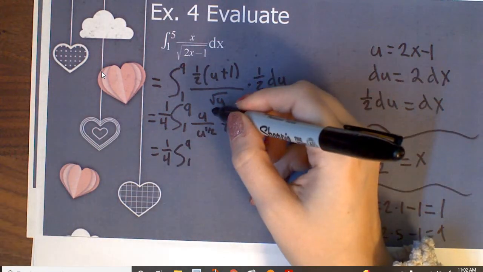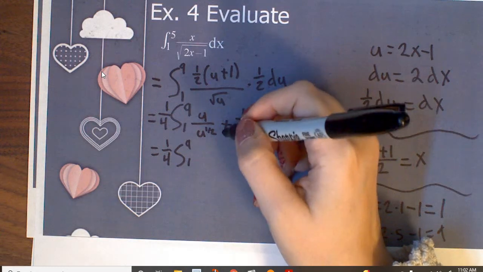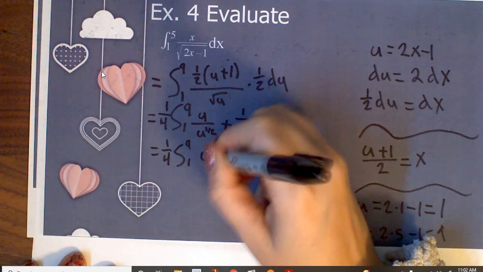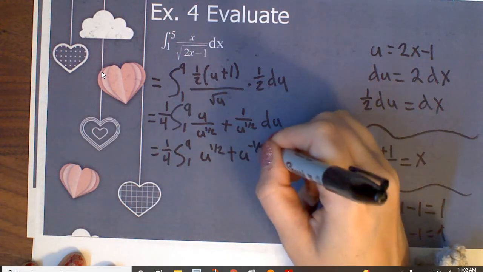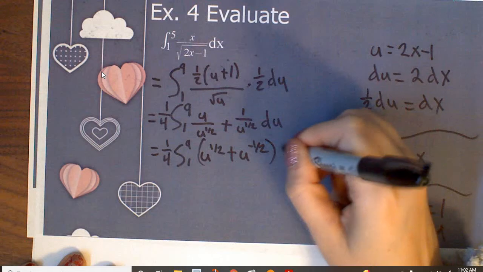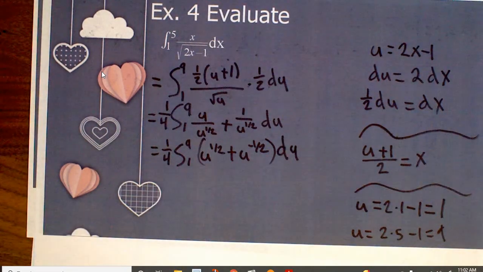Well, this is u to the first. If I take 1 and I subtract 1/2, I end up with 1/2. And then here, this would just be u to the negative 1/2. Again, all multiplied by du.